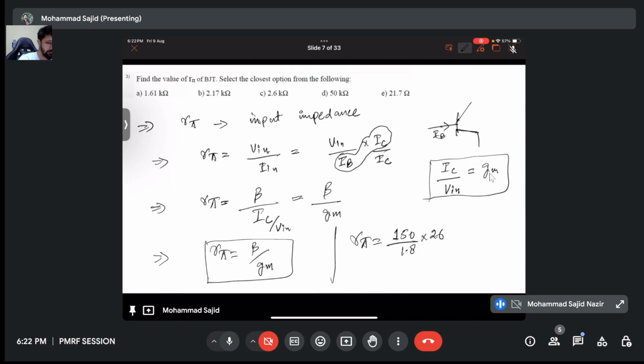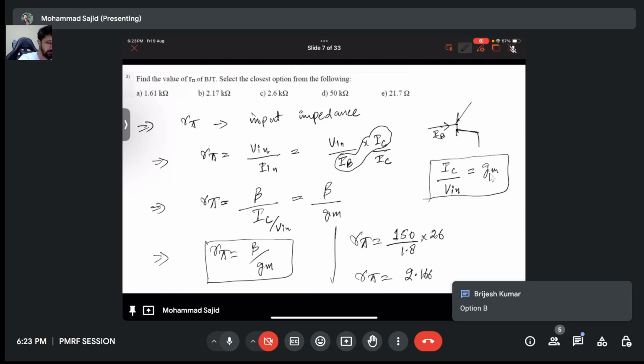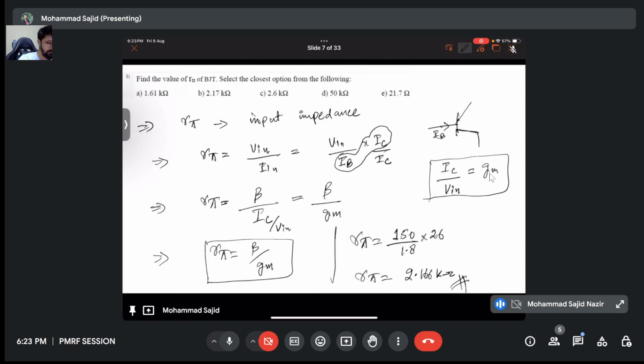So you can calculate R pi now as 150 divided by that. Now it is around 2.166 kilo, right? So you can check again. Yes, option B is the correct answer. So this is how you can calculate R pi. Just remember these formulas. These are important for BJT.